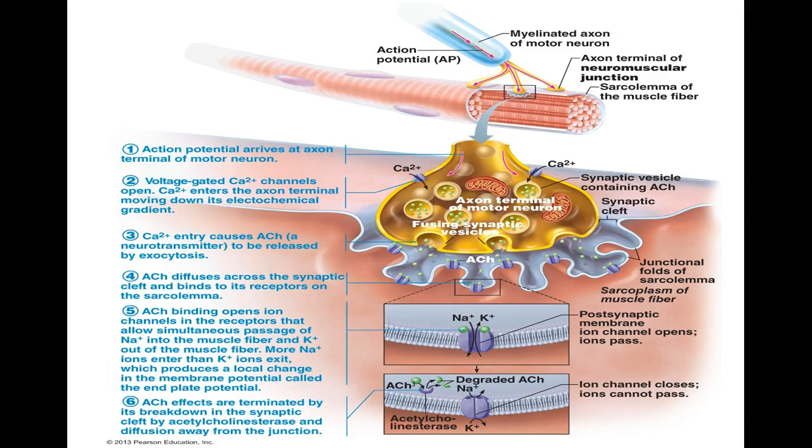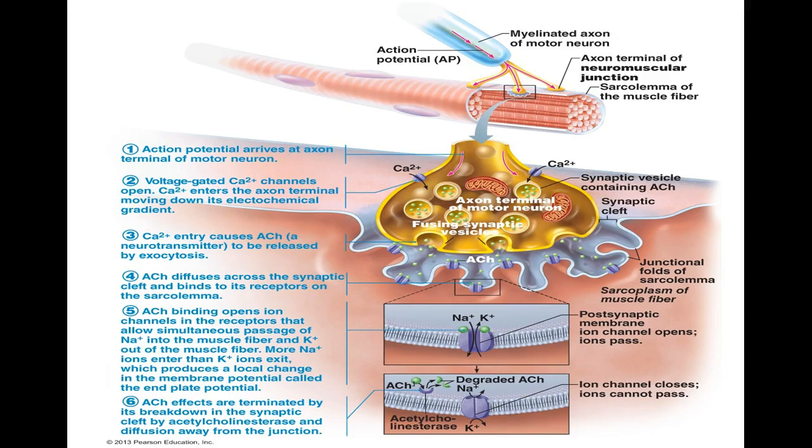And so what you have is the action potential making its way all the way to the axon terminal of the motor neuron. So this is the nerve that's going to innervate this group of fascicles, and it ends at an axon terminal.